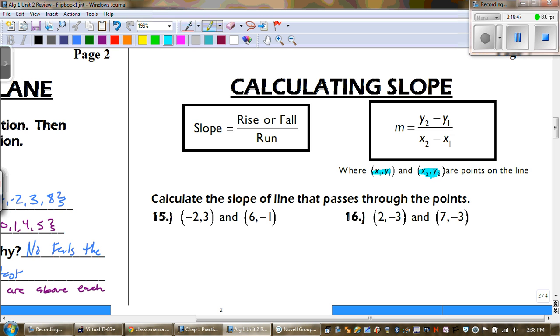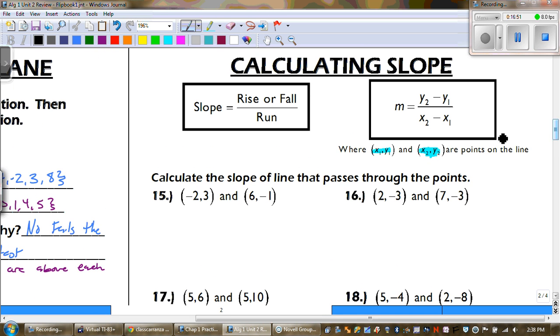So before I even get started, I'm going to write that down every single time. So I've got a -1 and a 3, and then on the bottom, I have 6 and -2.